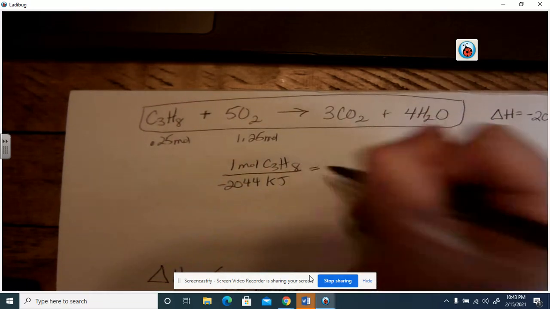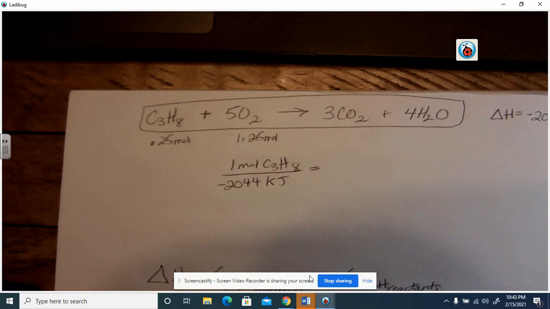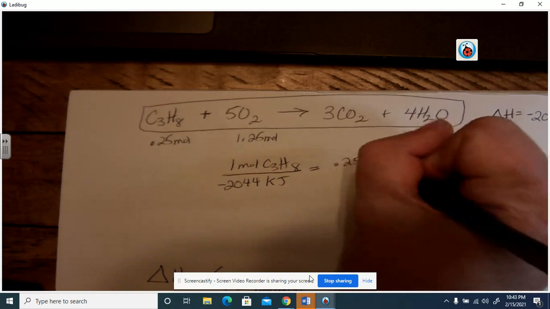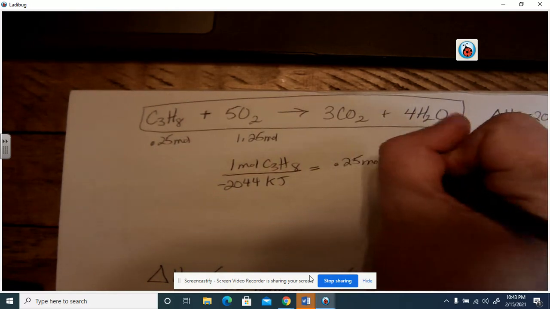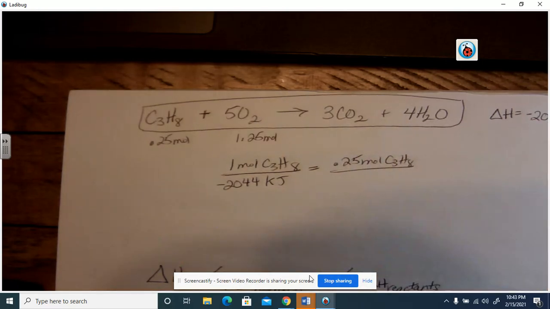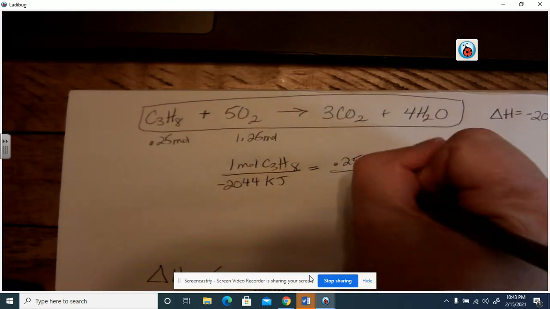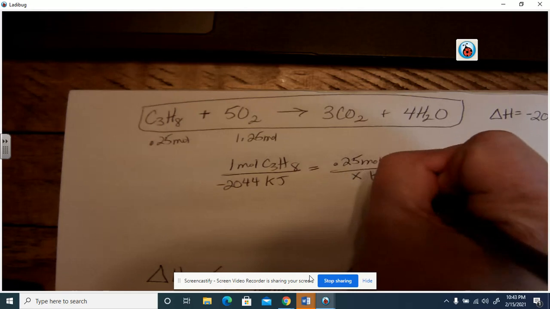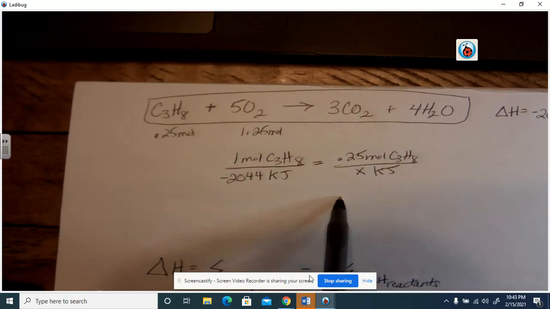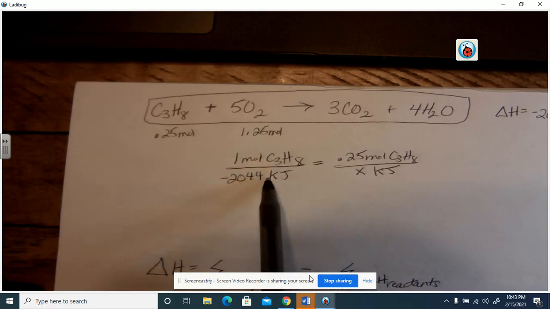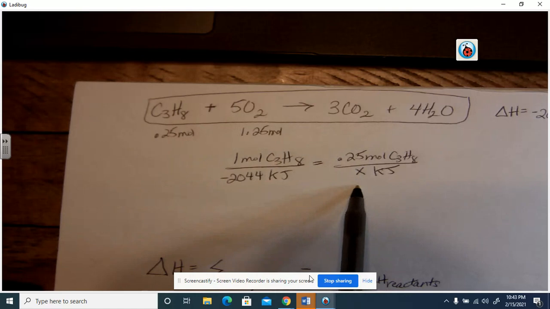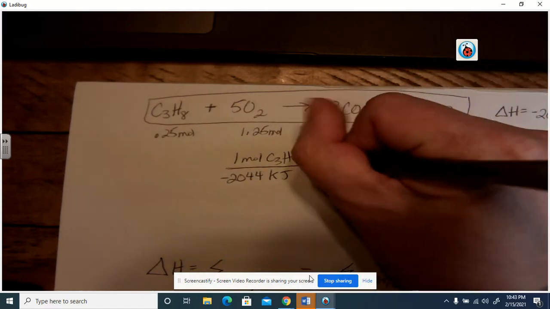We can set it equal to what we know about this new information. What if you only had 1/4 of a mole of propane? And we want to know how many kilojoules, how much energy, would be produced from there. So all I did was set up a direct proportion ratio. This is what I know from the equation, and I'm going to set it equal to my new information. Then all we have to do is cross multiply and solve for x.